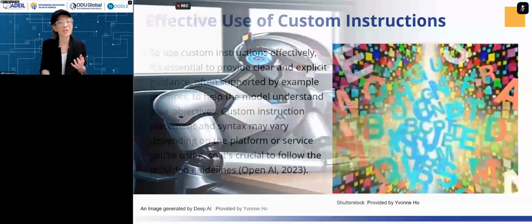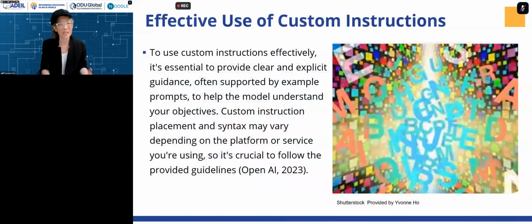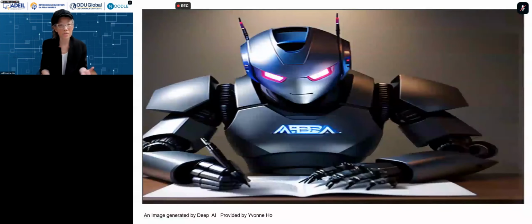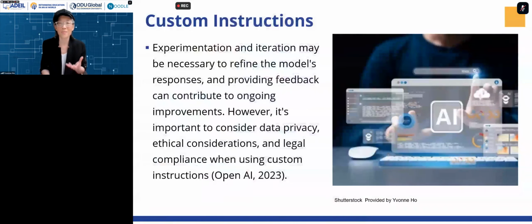I haven't actually used custom instructions myself because I use ChatGPT for everything. But if you're just using ChatGPT to write your lesson plans, or for essay writing for your class, then you can use custom instructions, and that cuts in half the amount of information you have to put into your prompt.